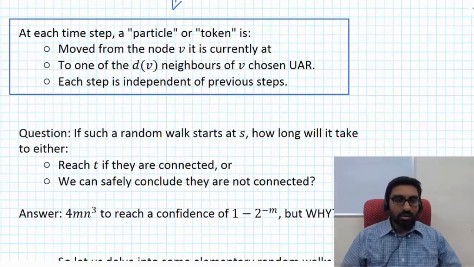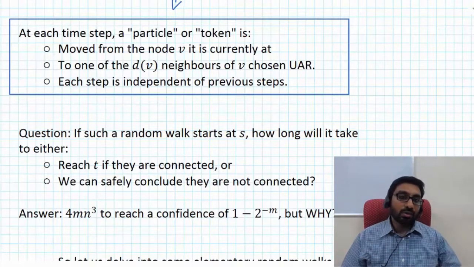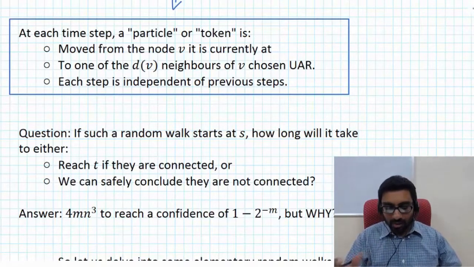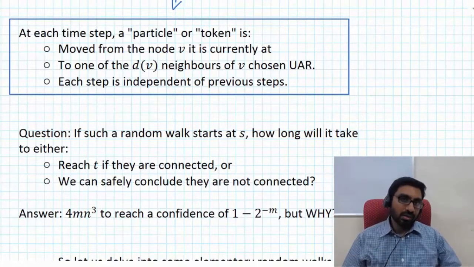From your previous lectures where we talked about finite irreducible and ergodic Markov chains, you probably have some intuition that it won't miss some part of the maze. But the problem is, how long does it take to actually cover the entire maze?